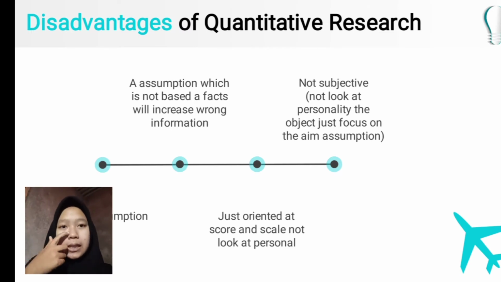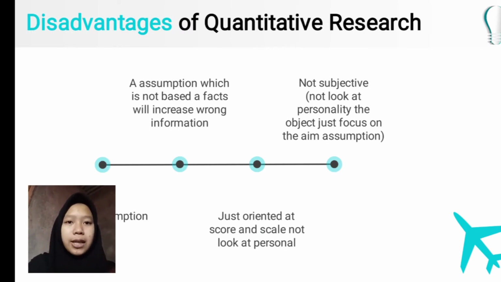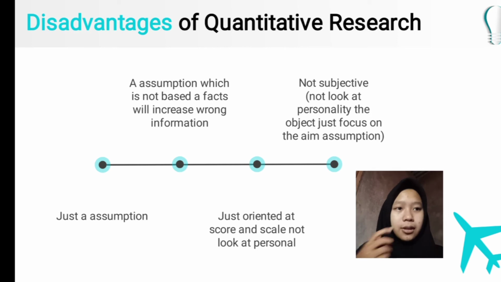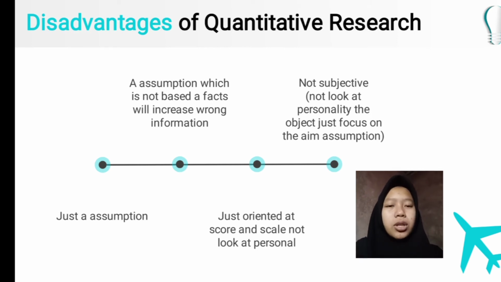The next is the disadvantages of quantitative research. We know that quantitative research is just an assumption from the researcher. So an assumption which is not based on facts will increase wrong information.